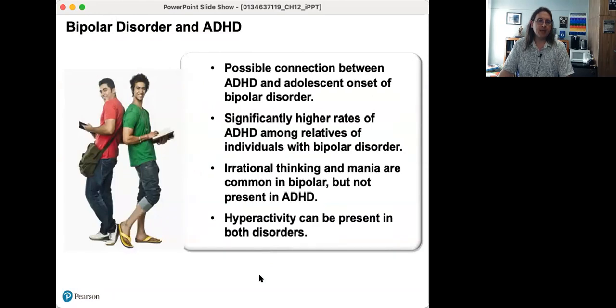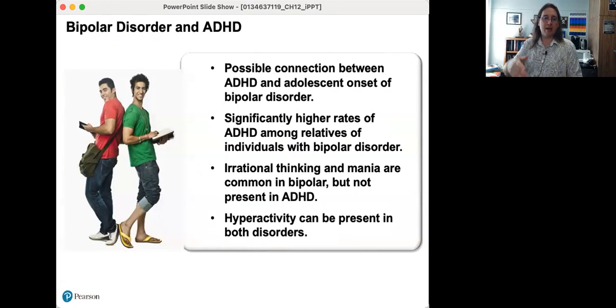Okay. Most recently, we've seen bipolar disorder and ADHD having a strong connection. ADHD, attention deficit and hyperactivity disorder. There is a possible connection between ADHD and adolescent onset of bipolar, meaning that people with hyperactive metabolisms have that sense of go, go, go, go.